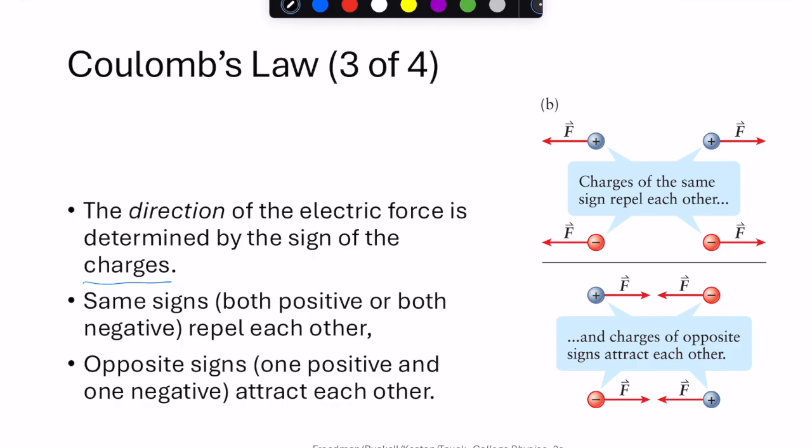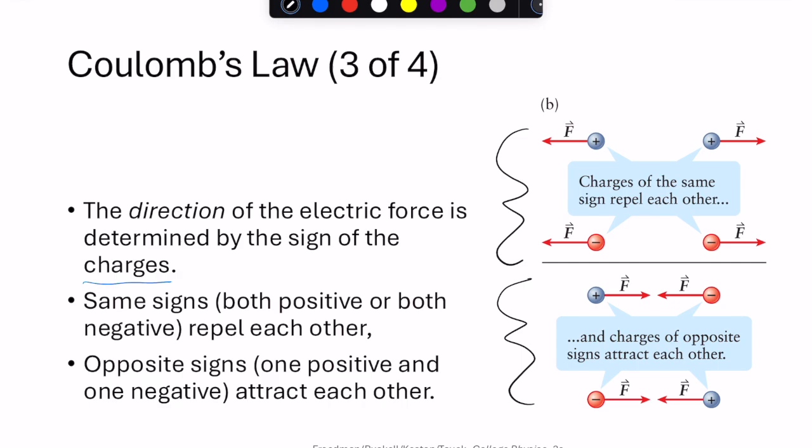If the signs of the charges are the same, then the force is going to point directly away from the other charge. If the signs of the charges are opposite, so if one's positive and one's negative, then the force is going to point directly toward the other charge. So that's basically what this shows you here. These are the two cases.